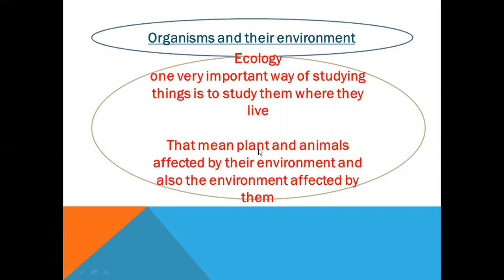Plants and animals are affected by their environment and the environment is also affected by them, so there is interaction between living things and non-living things. That is the field of ecology.